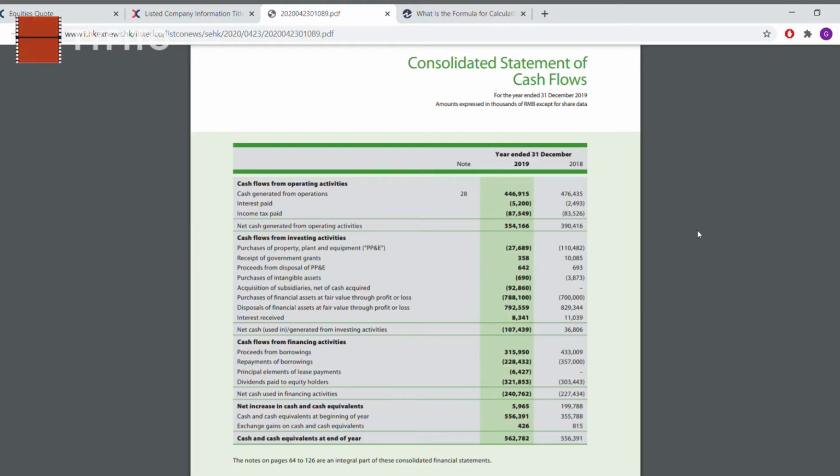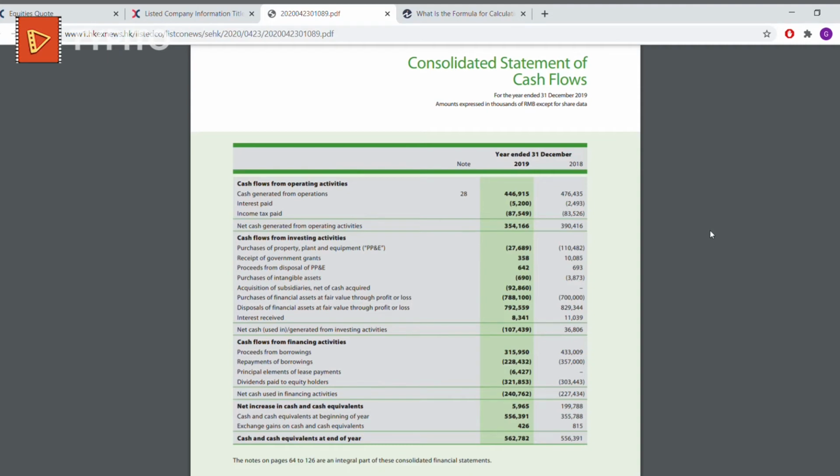Lastly, for cash flow statements, we want to ensure that the company is generating positive free cash flow on a consistent basis. As what I've shared with you, the free cash flow yield that you are looking at is between 5 to 10%. So the minimum cap is actually 5%. Anything lower than 5% will mean that this company is extremely bad at generating cash flow.